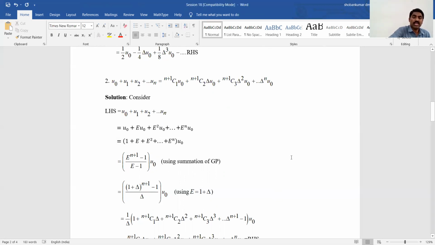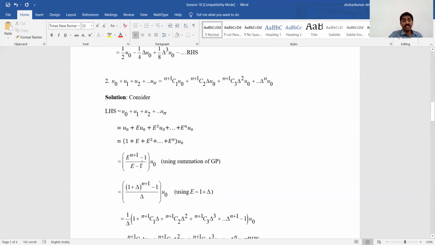Now it can be written as, this is a geometric series. Now summation 1 plus r square plus and so on r to the power n. The sum of the geometric series is r to the power n plus 1 minus 1 divided by r minus 1.